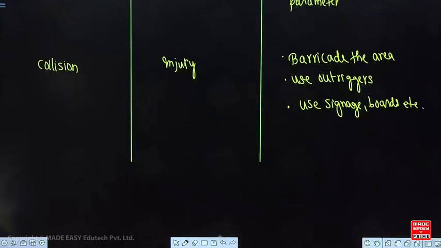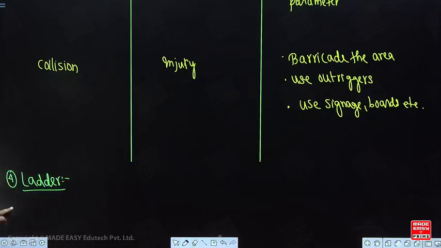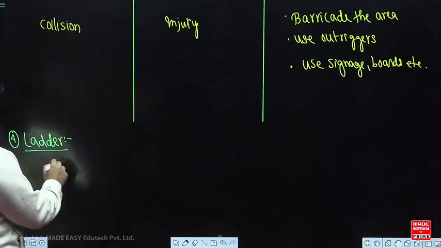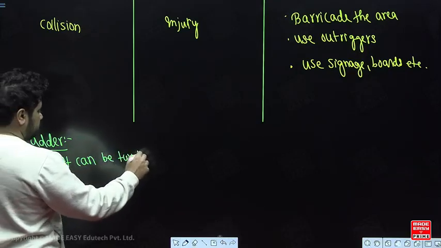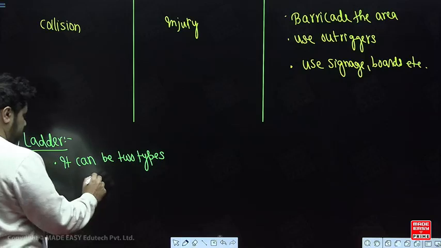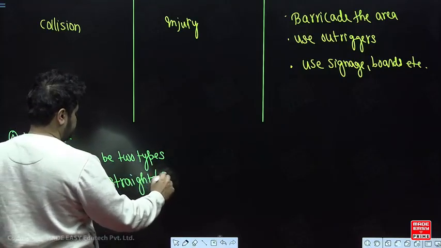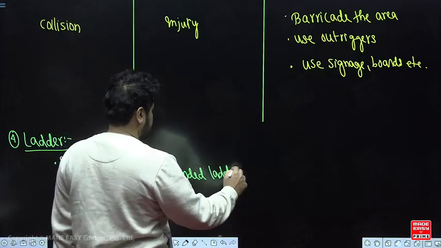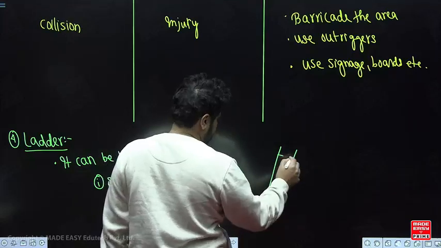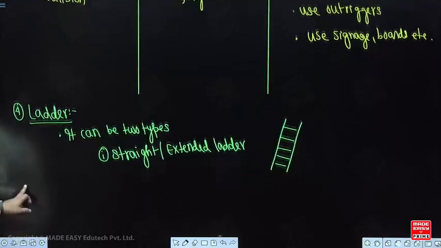Fourth one is ladder. It can be two types. The first one is straight या extended ladder. Straight or extended ladder. कैसा होता है वो? सीढ़ियाँ तो आपने देखी होंगी. ये हो गया straight or extended ladder.